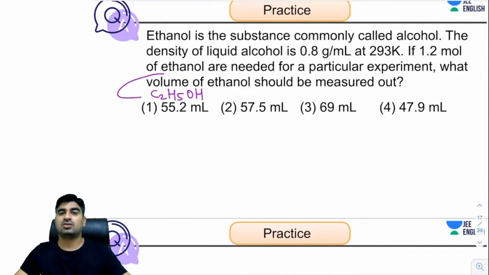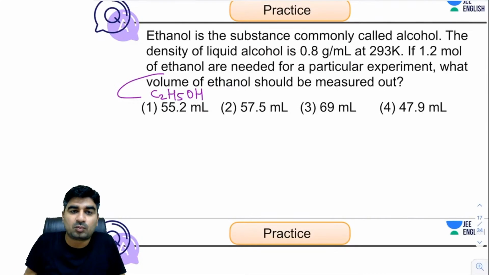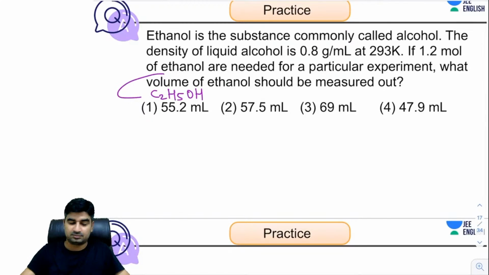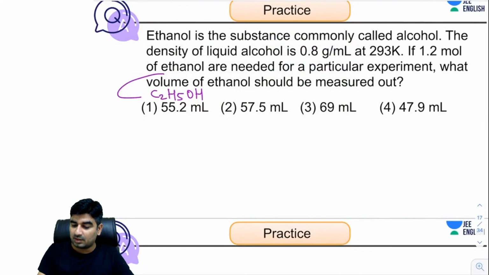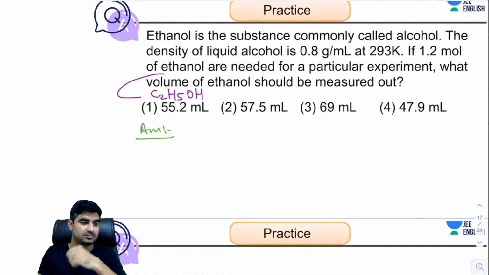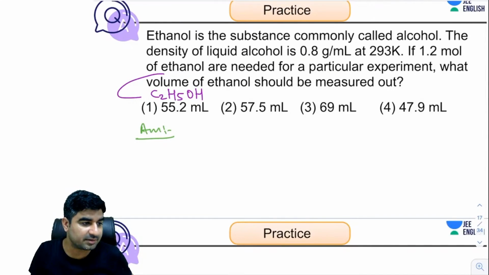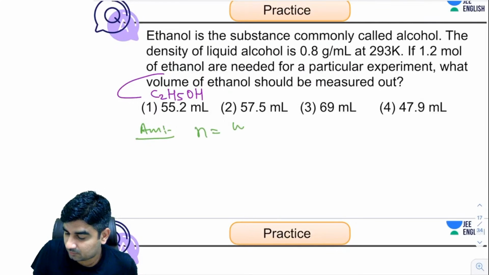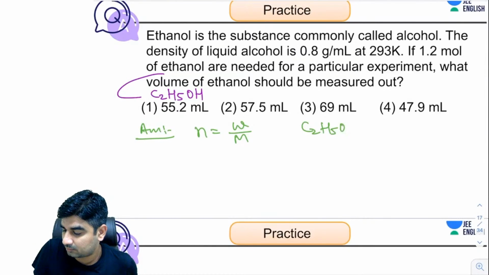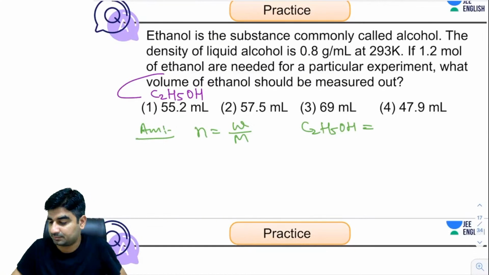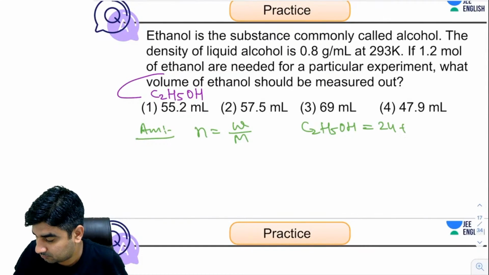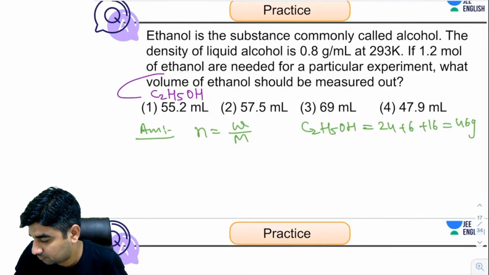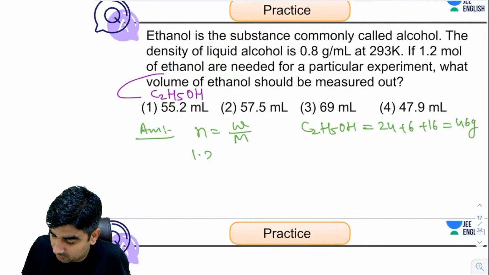You know the density of ethanol is 0.8 gram per ml and 1.2 mole of ethanol are given. So what is that? See, ethanol. What will be the molar mass of ethanol? So moles are 1.2.